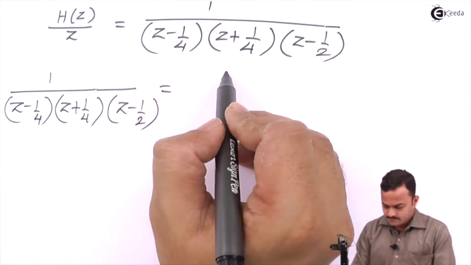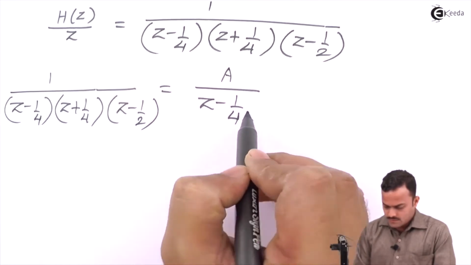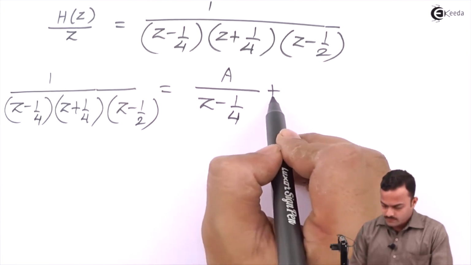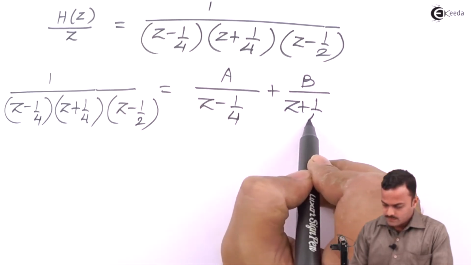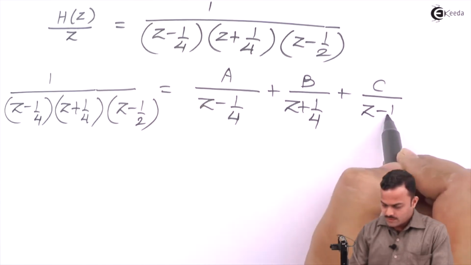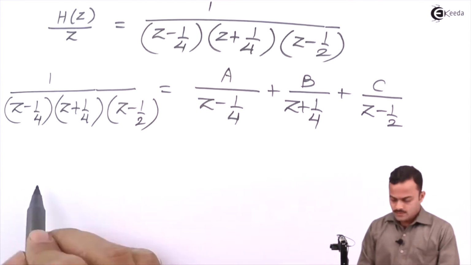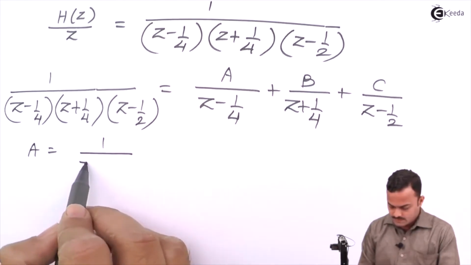We'll get a upon Z minus 1 by 4 plus b upon Z plus 1 by 4 plus c upon Z minus 1 by 2.